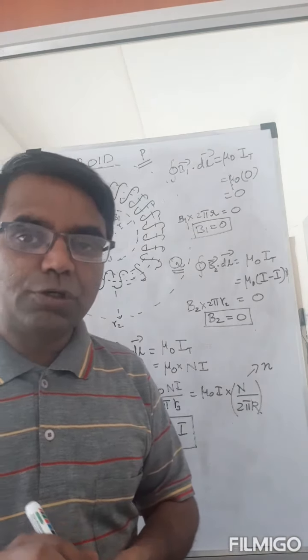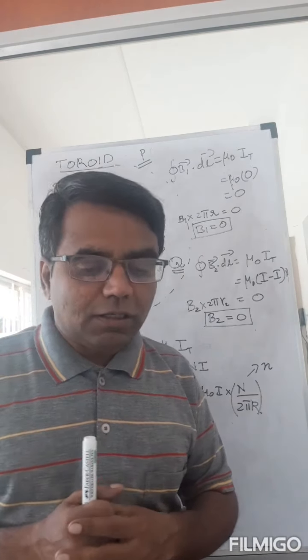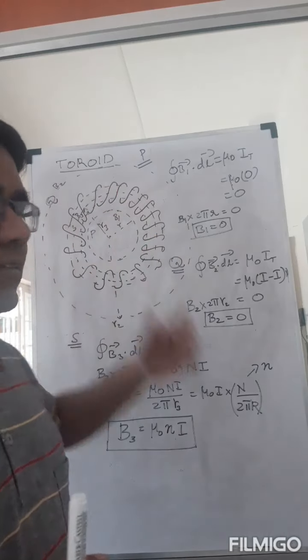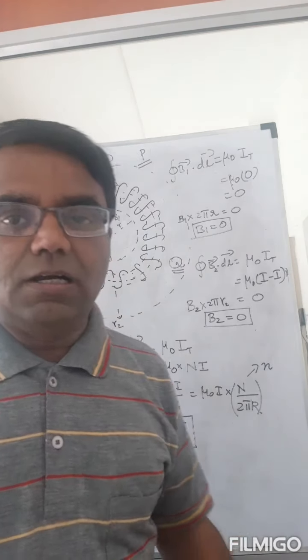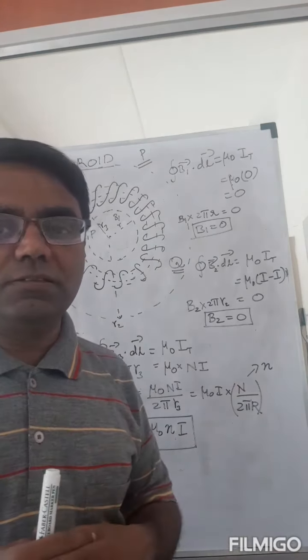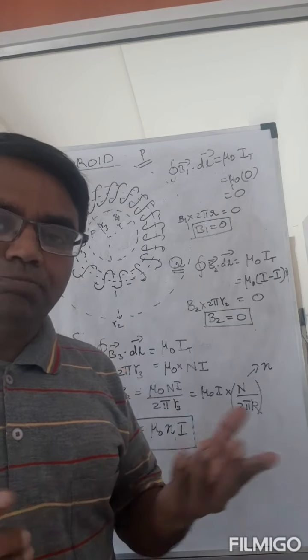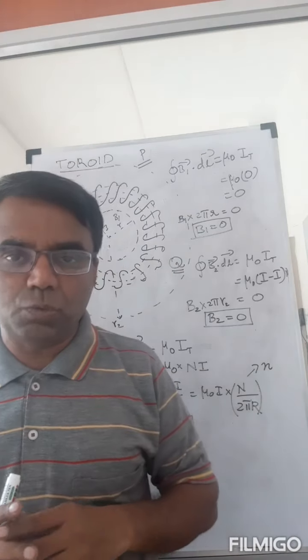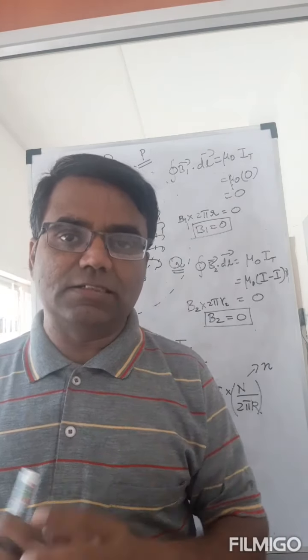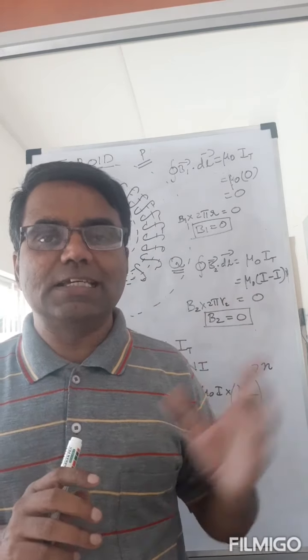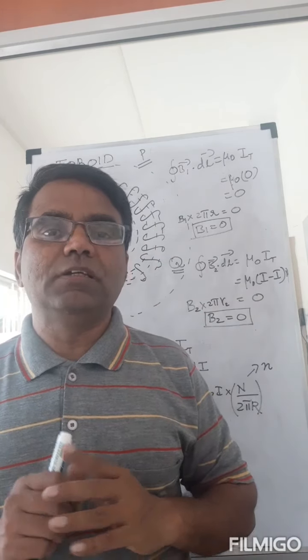So this is how you will use Ampere's circuital law to find the field strength inside and outside a toroid. And we have seen 3 examples now. One is inside and outside a conductor itself, where you are finding the magnetic field using the example in the previous video.